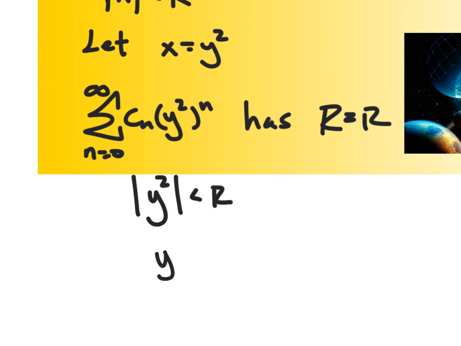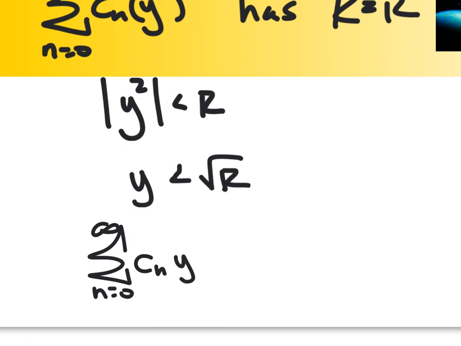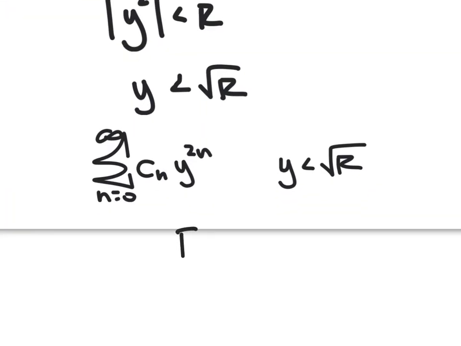Therefore, y would have to be less than the square root of r. And therefore, the following series, the sum from n equals 0 to infinity of c sub n, y to the 2n, converges when the absolute value of y is less than the square root of r. Therefore, the radius of convergence for that would be the square root of r.